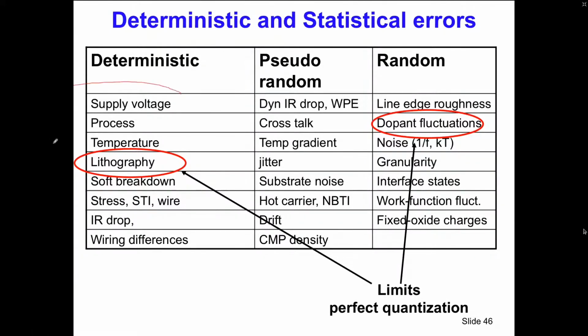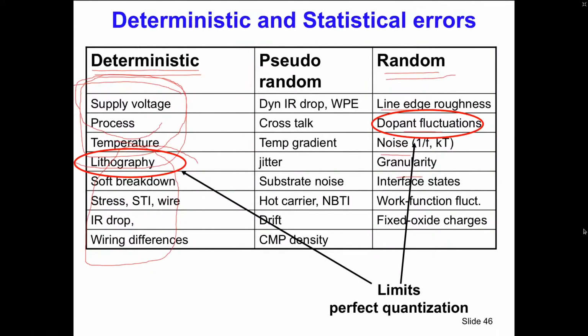Obviously, everybody knows the so-called PVT, process, voltage, and temperature. But there are quite a bit of other issues that may play a role that give more or less deterministic errors. Then there are errors that can be seen as random, things like line edge roughness, dopant fluctuations, noise, granularity, interface states, and so on and so on.